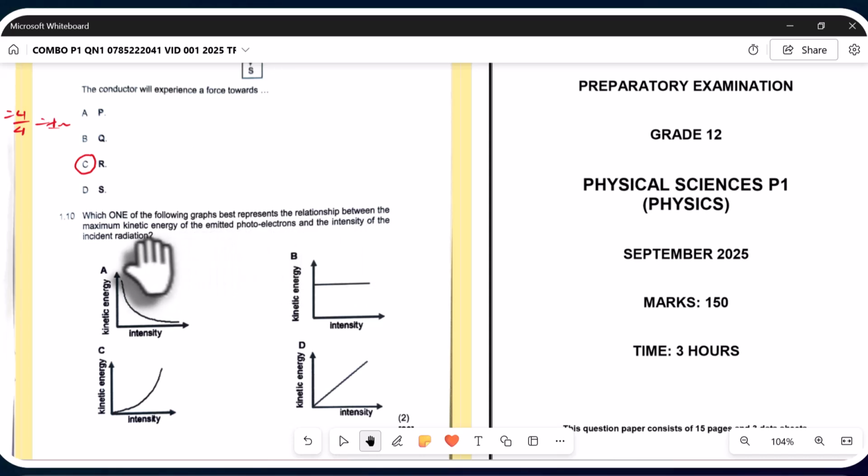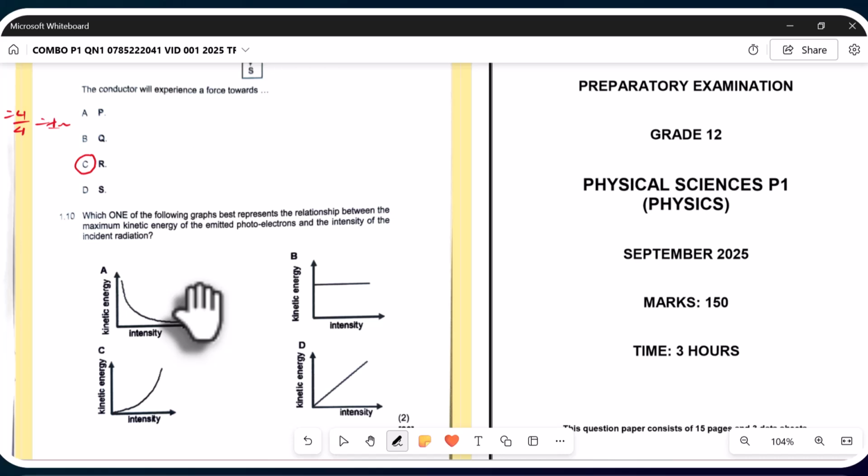Maybe you can ask now, teacher, what changes the kinetic energy? It is only affected if you increase what? The frequency of the incident radiation. Are we together?